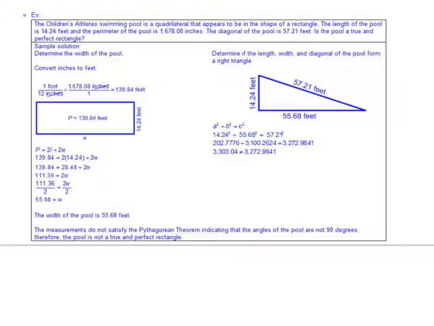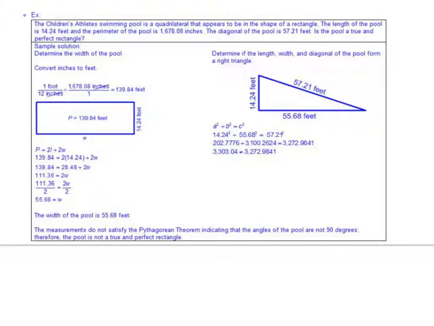So in that case, if I square 14.24 and square 55.68, it must give me 57.21 squared. Going through the math, 14.24 squared is 202.7776, plus 55.68 squared is 3,100.2624, and that must equal 57.21 squared, which is 3,272.9641.